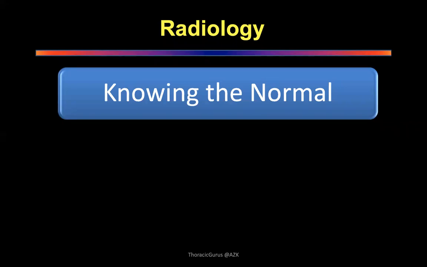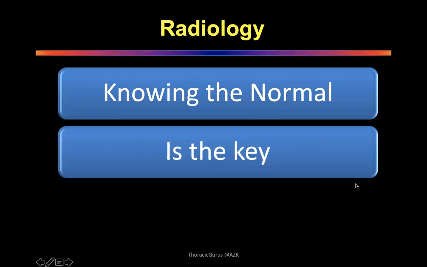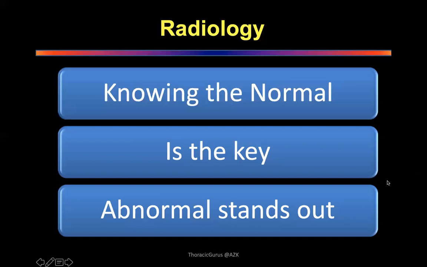That only comes with practice. You really have to practice a lot. And more importantly, you've got to know the normal anatomy quite clearly. It's only when you know the normal anatomy that you know what is abnormal anatomy. So it is very, very important to think like that. All my focus today is going to be on normal anatomy. I really want to get it across to you.